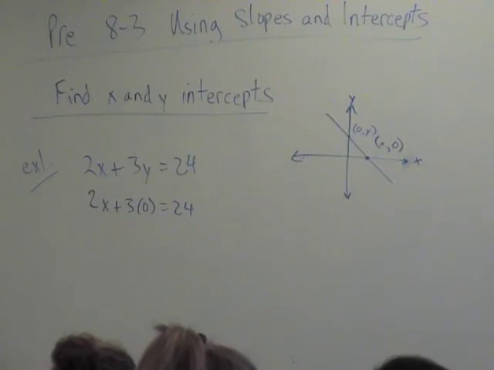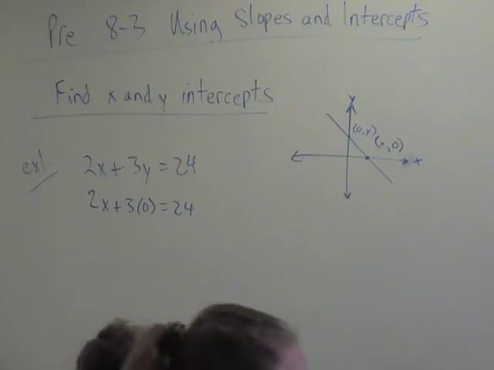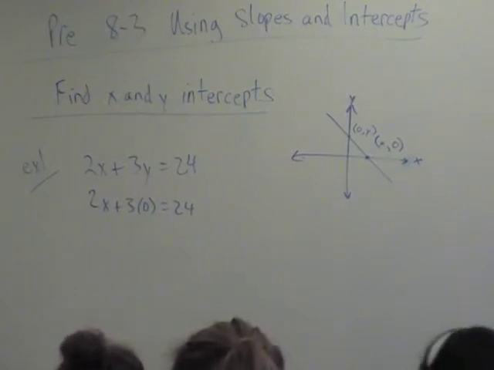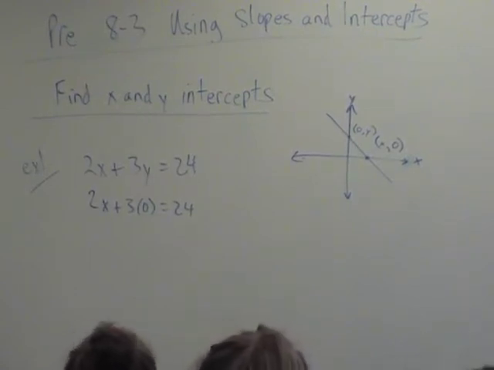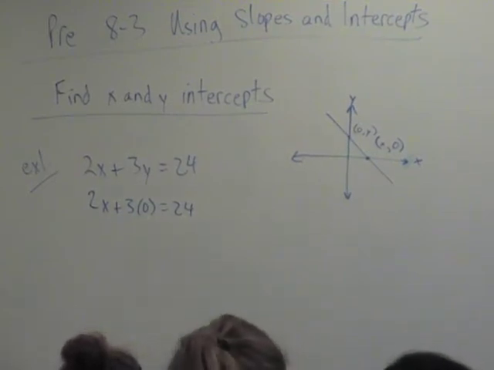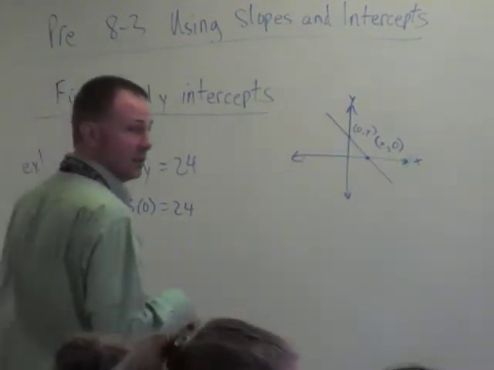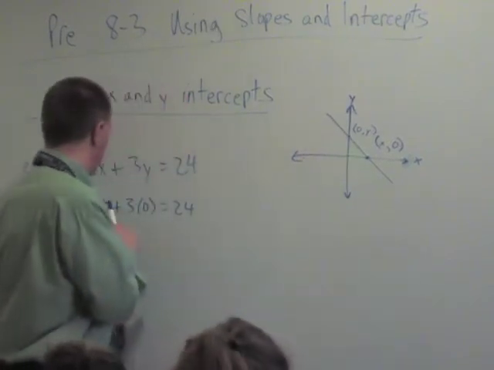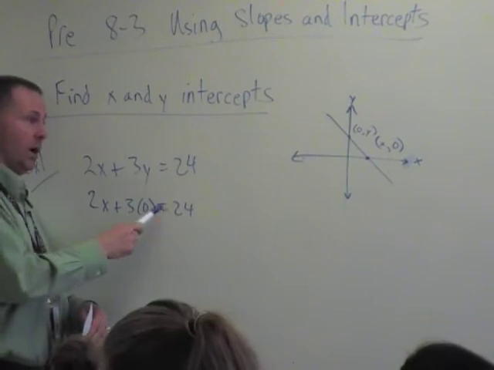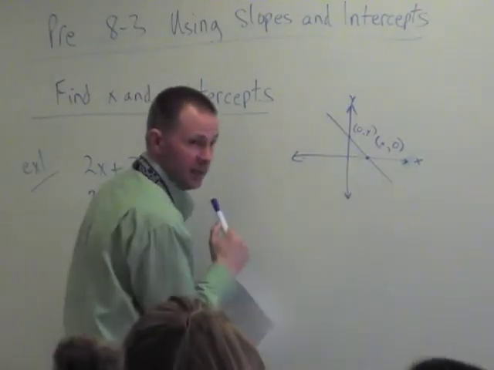Why don't you put 0 for x? Well, that would give me the y-intercept. If I want to know where it crosses the x-axis, that's the variable, because when you don't know something, that's your variable. I do know that y is 0 when the line crosses the x-axis.